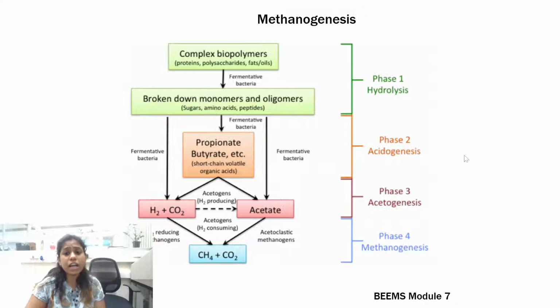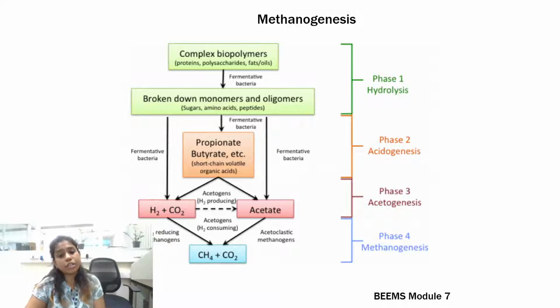So initially, the first phase is hydrolysis, where the bonds are broken, and the material is broken down into monomers and oligomers. So proteins are converted to amino acids, polysaccharides into sugars, and fats and oils into smaller fatty acid molecules. So that breakage is called the hydrolysis process, and this can be performed by fermentative bacteria.